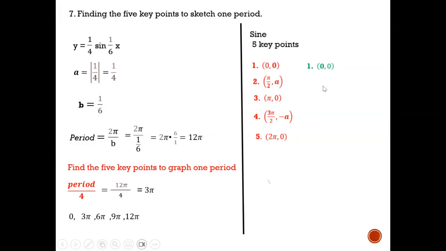The amplitude is 1/4, so it'll be 3 pi, 1/4. The third point is going to be 6 pi, 0. My fourth point is going to be 9 pi and negative amplitude, so 9 pi, negative 1/4. And my fifth point is going to be 12 pi, 0. These are my 5 key points to graph one period of the sine wave.